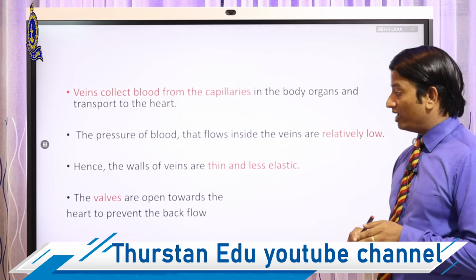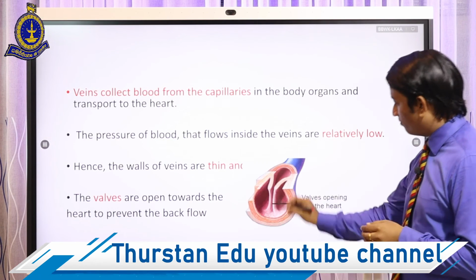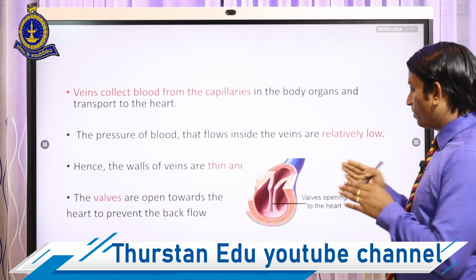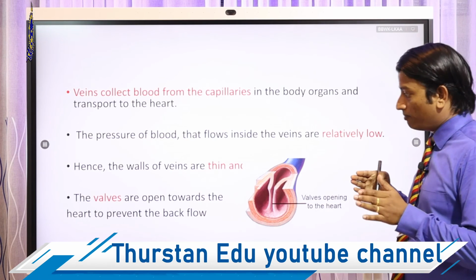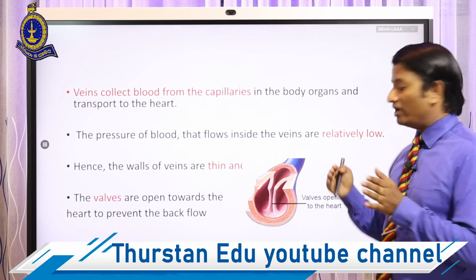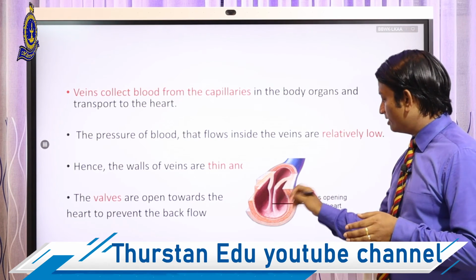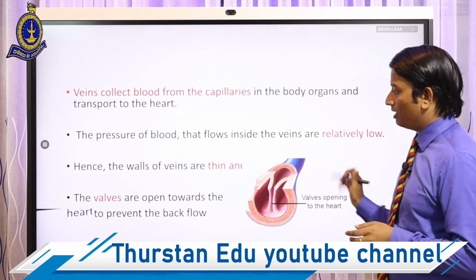In the structure of a vein, you can see some valves that open towards the heart. Why? To prevent backward flow of blood as it flows towards the heart.